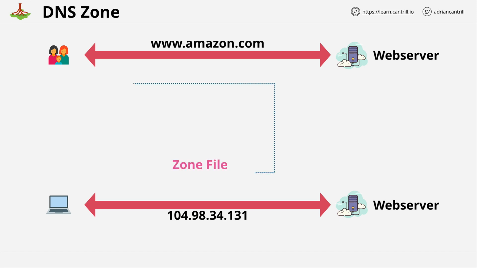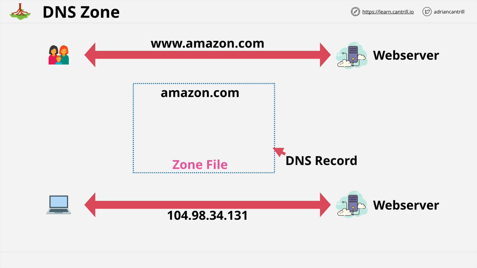And somewhere on the internet is one zone file for Amazon.com. Now that Amazon.com zone file has a record inside it, a DNS record, which links the name, www, and the IP address that your laptop needs to communicate with that website.